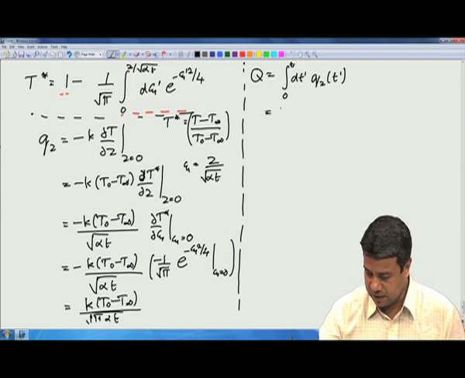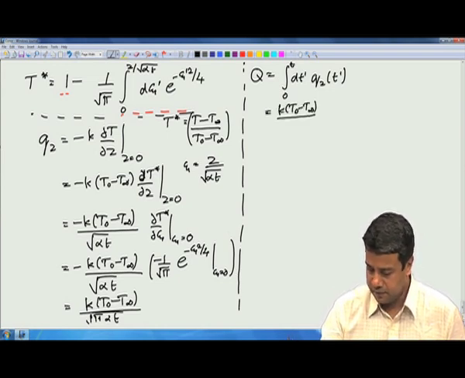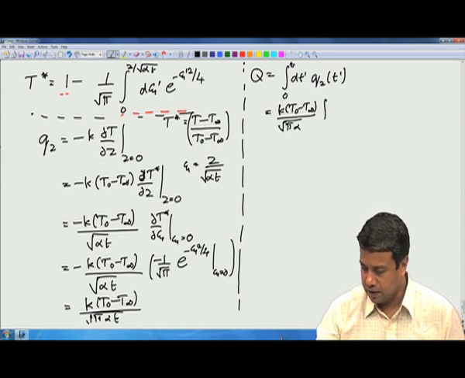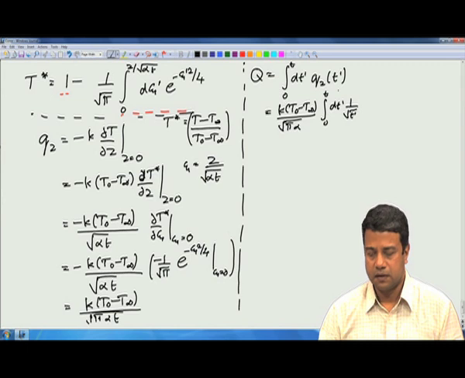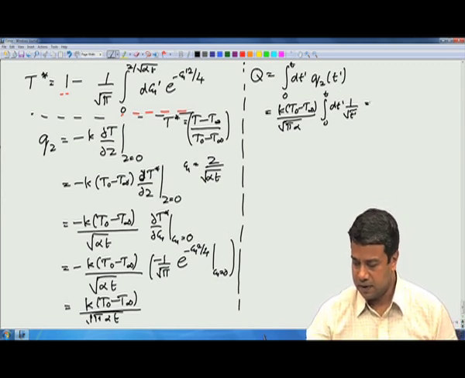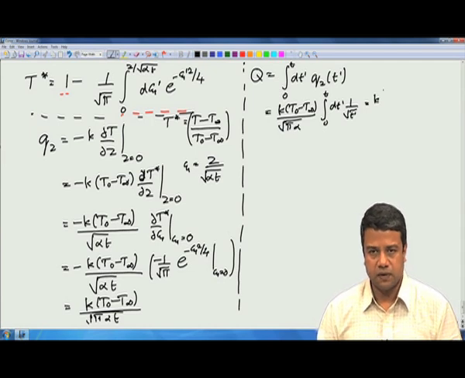You will get basically k into t naught minus t infinity by root of pi alpha, integral dt prime 1 by root t prime, from 0 to t. So, this will turn out to be equal to k, when I do the integral of 1 over root t, I get square root of t divided by a half. So, I get a factor of 2 there.